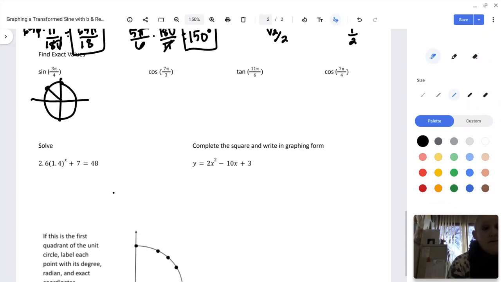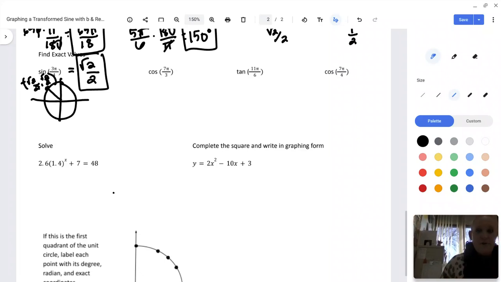This is why it was so important to memorize your unit circle. So that means that I have negative square root 2 over 2, square root 2 over 2 as those coordinates. Sine is the y. So the sine of 3 pi over 4 is square root 2 over 2. That is the exact value.